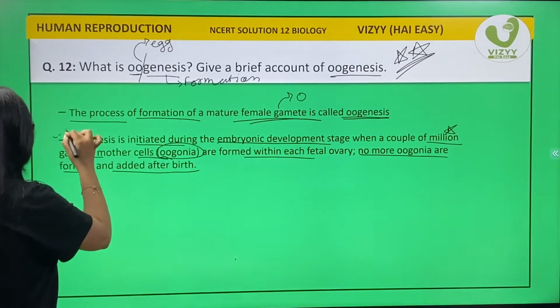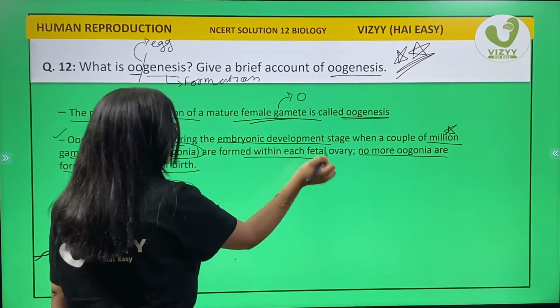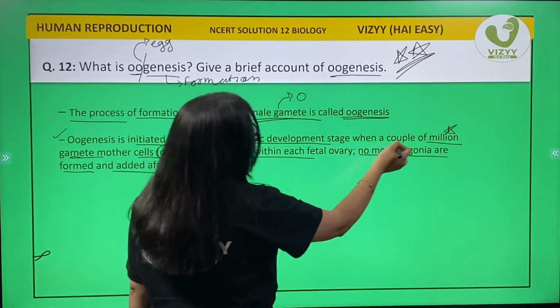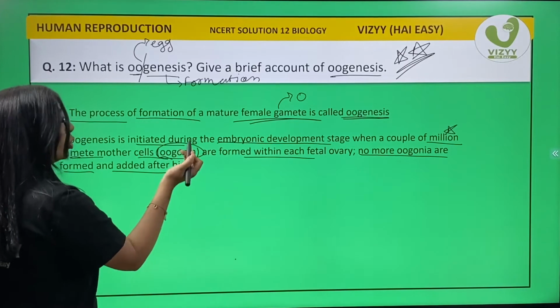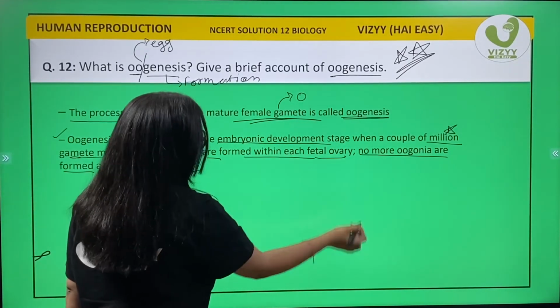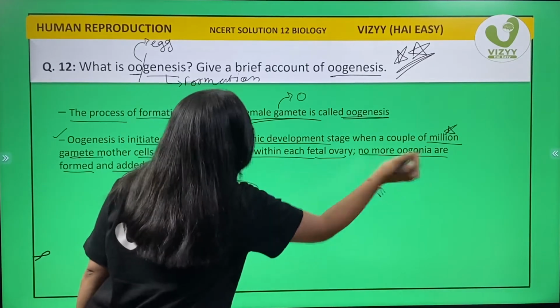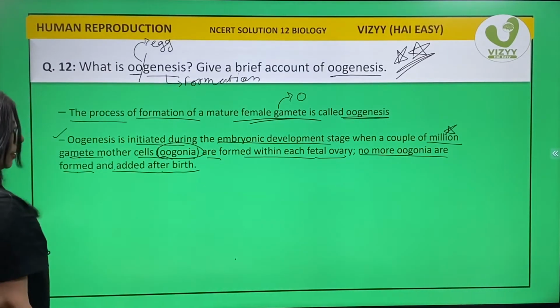Let's read this again. Oogenesis is initiated during the embryonic development stage, where a couple of million gamete mother cells, or oogonia, are formed within each fetal ovary. No more oogonia are formed and added after birth.